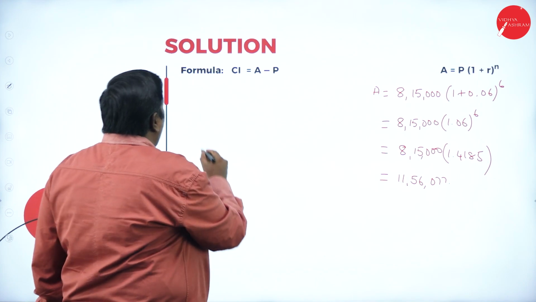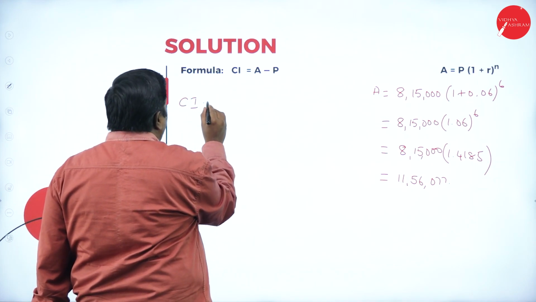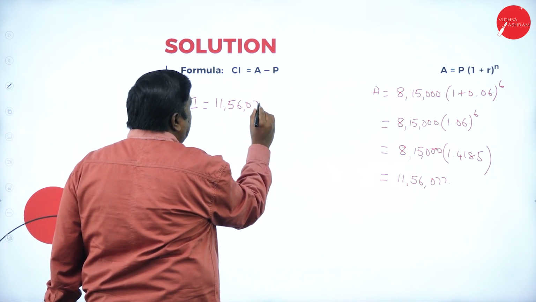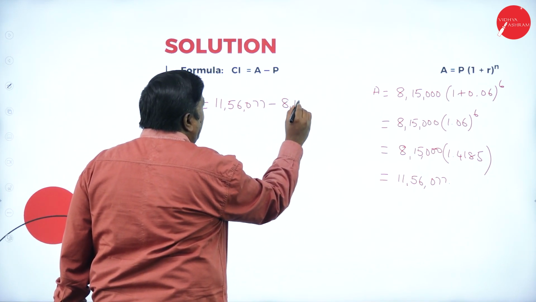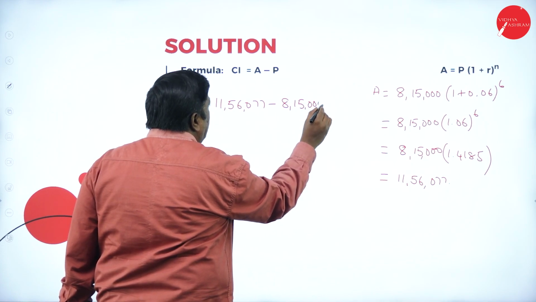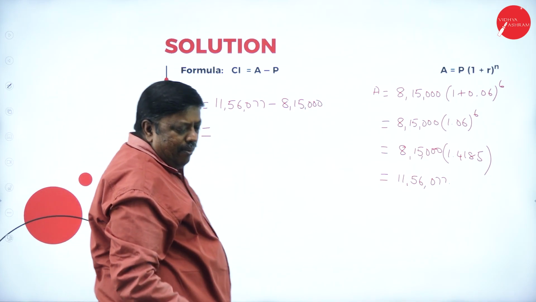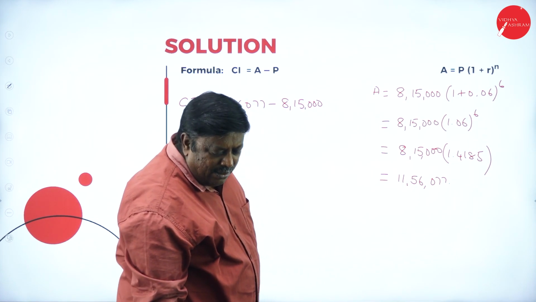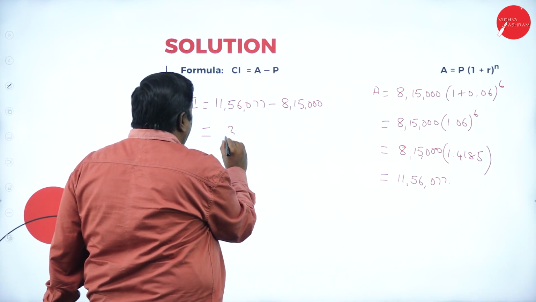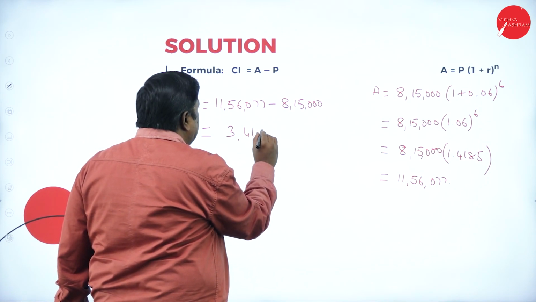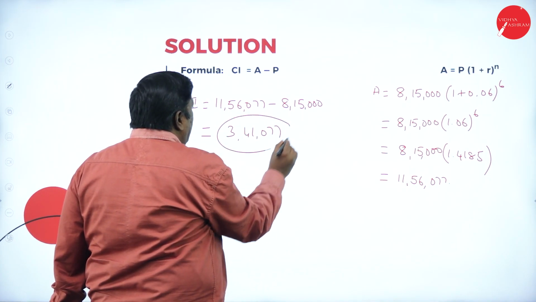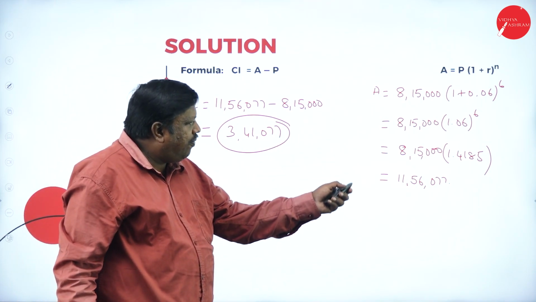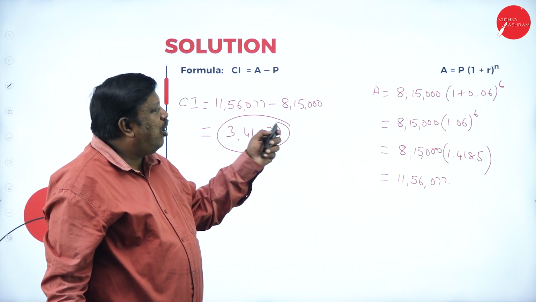So now the compound interest will be 11 lakh 56,077 minus 8 lakh 15,000, which is 3 lakh 41,077. This is my compound interest for 8 lakh 15,000 at 6% for 6 years.